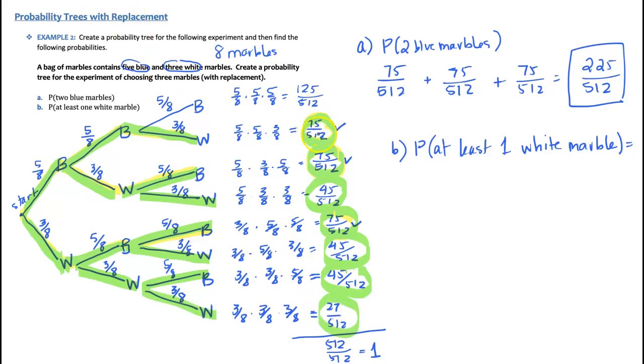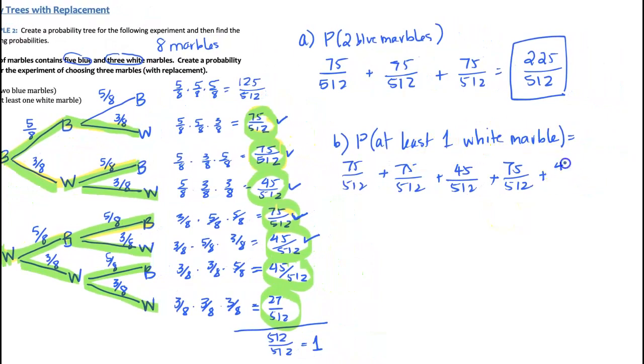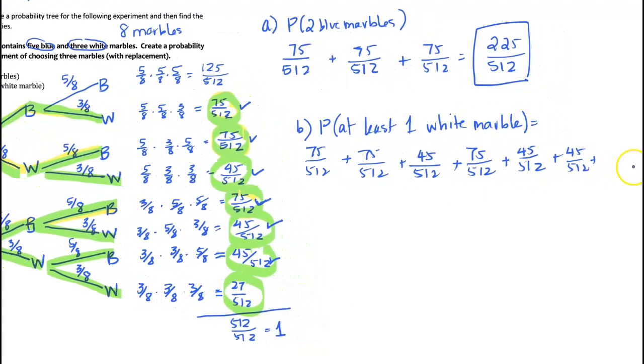If we add the sum of those, that would be 75 out of 512, plus another 75 out of 512, 45 out of 512, 75 out of 512, plus 45 out of 512, plus 45 out of 512, and that bottom branch of 27 out of 512.